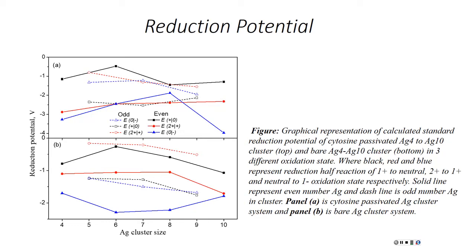And when the base is passivated by the ligands, the potential should be increased here. So for the reduction potential, this is easier to reduce than passivated silver. For oxidation, this one is easier to oxidize than this one.